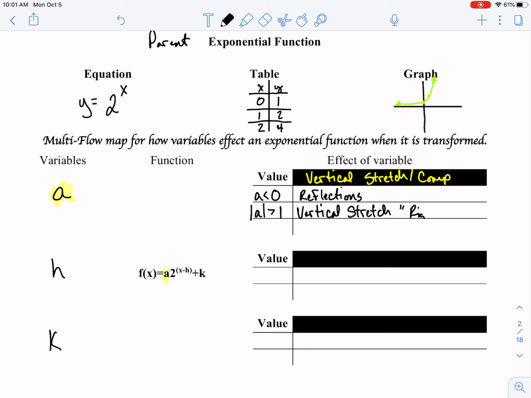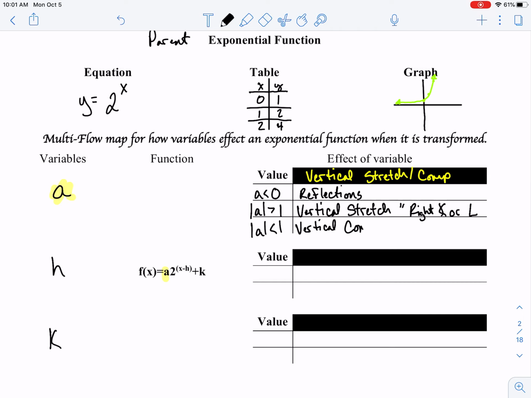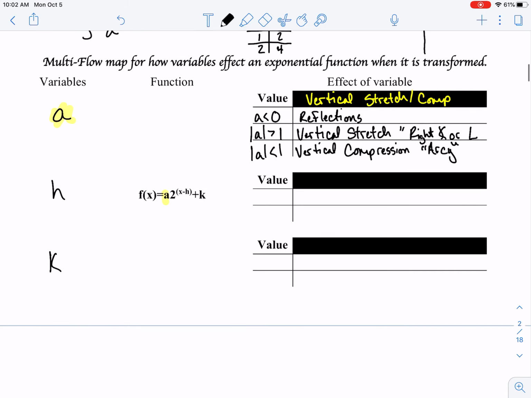I'm just going to say it becomes or looks more like a right angle or L-shaped. And if the absolute value of A is less than 1, it's a vertical compression, and it's going to be more archy. All right, so it's not going to be as sharp.